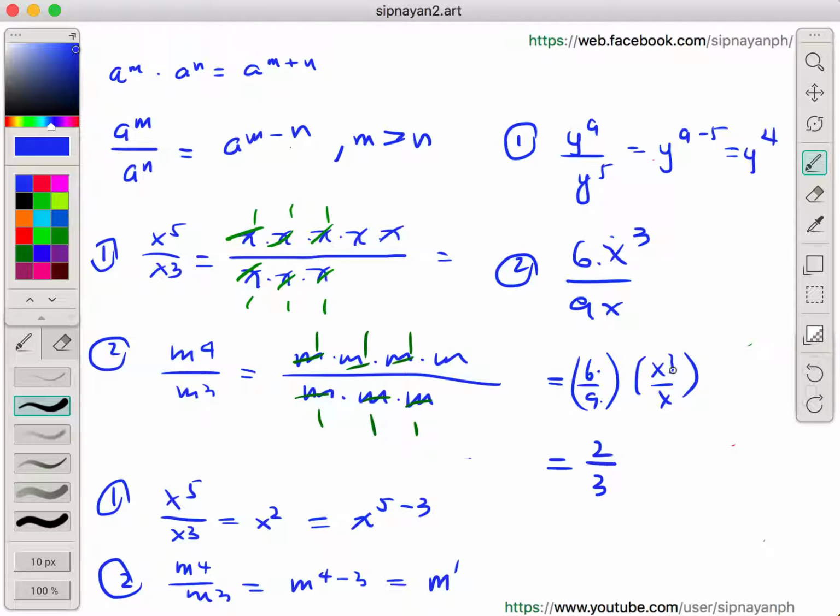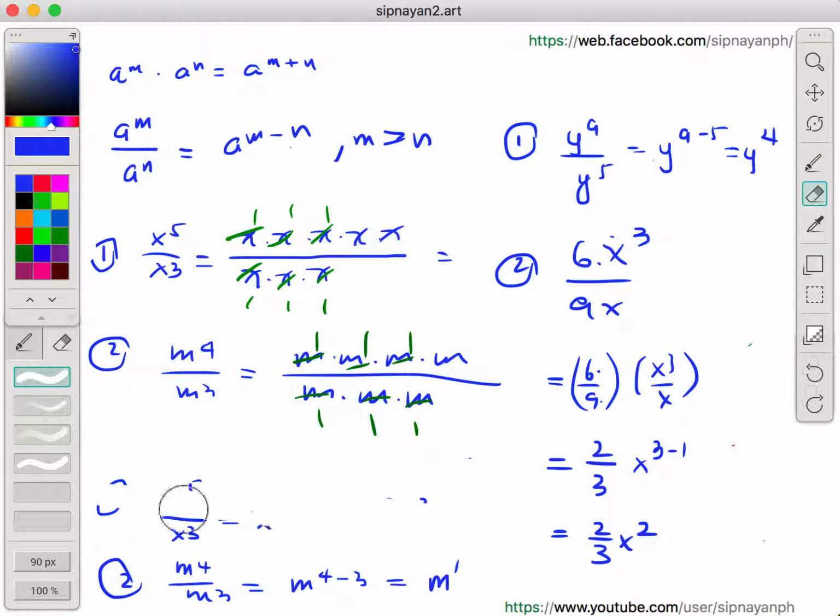And x cubed divided by x is x to the 3rd power minus 1, kasi yung x natin dito meron yung power naman. So meaning we have 2/3 x to the 3 minus 1 or x squared. So that's another example.